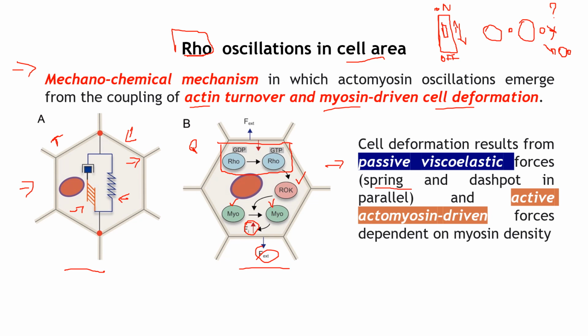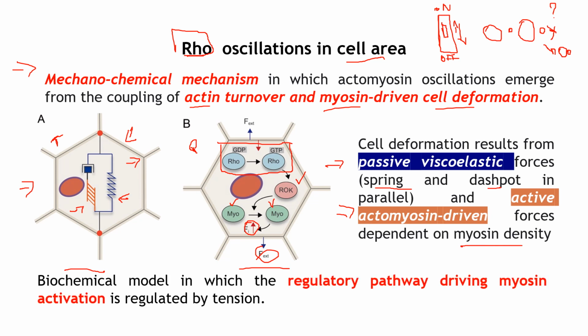Here this is what they show with the spring and the dashpot. Those things are happening, but at the same time, cells are different from a sponge because they need to produce a change that is not passive, that is active, so they can respond. In the sponge, if you release your hand, it will eventually recover. The cell needs to have a better response. That is an active movement. That is a change in the cytoskeleton, and it is dependent on the density of myosin.